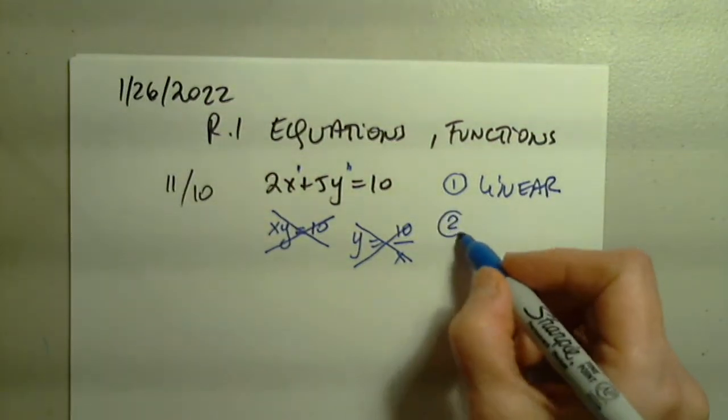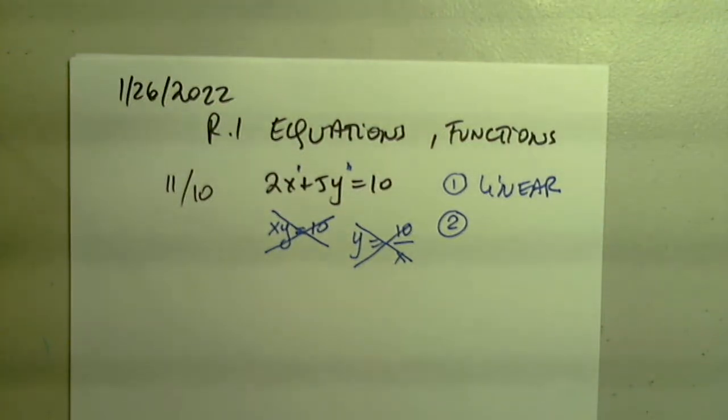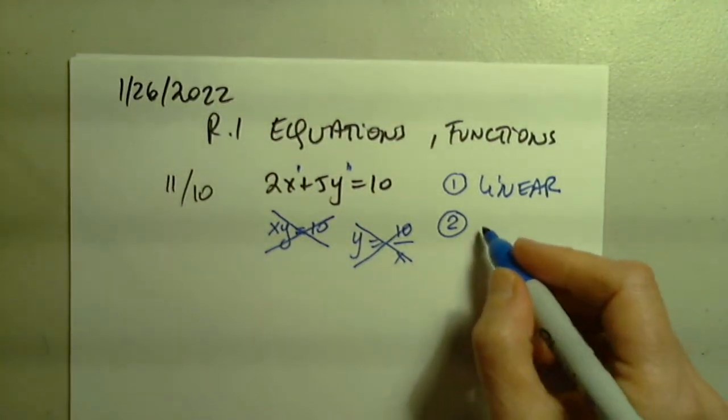Once I identify it as linear, I will ask myself, how many points do I need? And here's a question for everyone. How many points do I need to graph a linear equation? 2. Exactly 2. Very good. So 2 points.